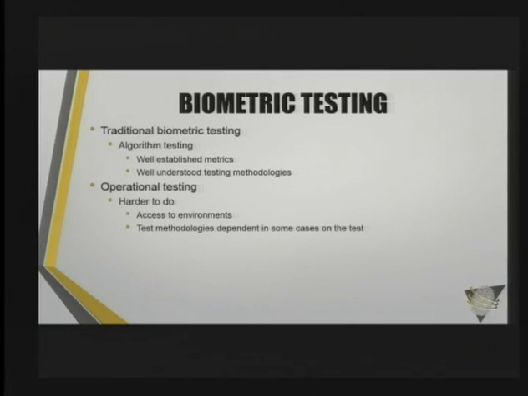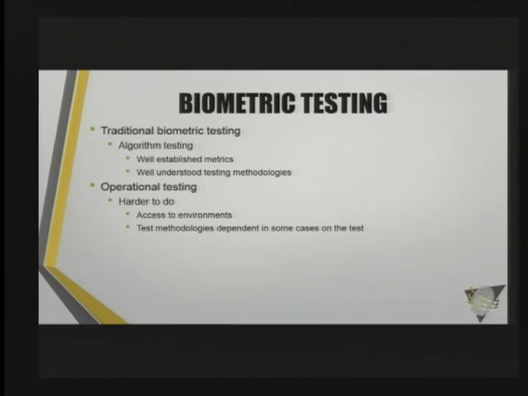So what I wanted to do today was to give you an overview of the different types of testing and then the complexities and challenges that we have in biometric testing today with respect to mobile devices and the like, and e-border gates, the two cases that I'm going to take a look at today.